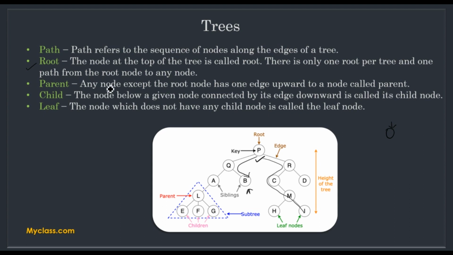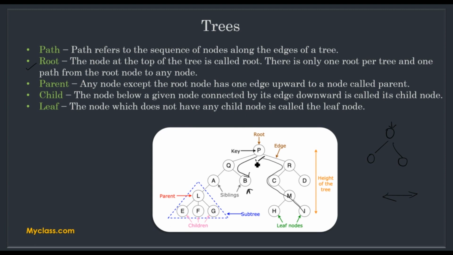Fine. Then parent. Any node except the root node has one edge upward to a node called the parent. I have already said that tree is a hierarchical structure, not a linear relationship between nodes. It is a hierarchical relationship between the elements.